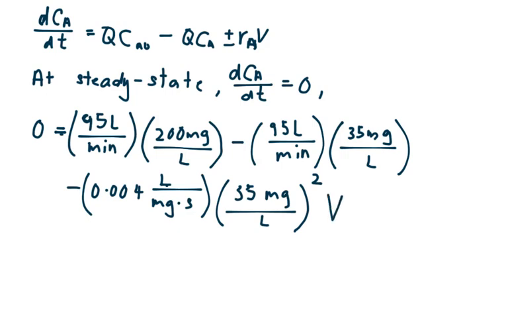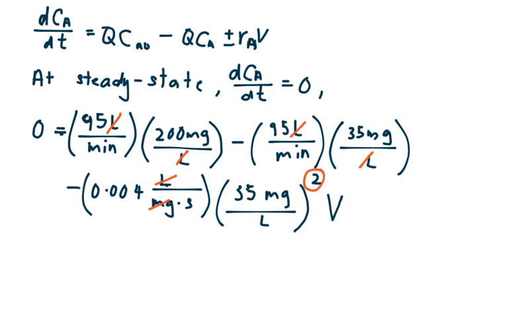Remember, we say you have to check and make sure that each term in this equation has the same units. So in this case, liter and liter cancel, you get milligram per minute. The second term, similarly, milligram per minute. But the third term, you realize that if you cancel one of the milligram and one of the liter, because there's a square here, it's per second instead of per minute.